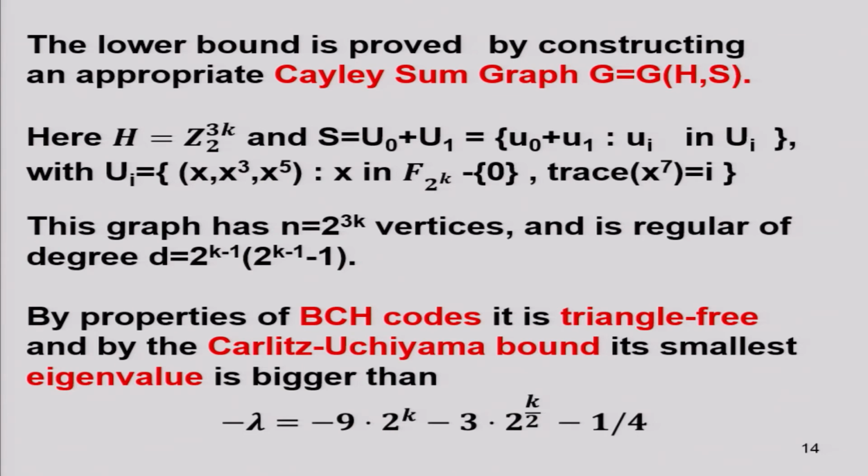And we are specifically interested in the smallest eigenvalue, namely the most negative eigenvalue. The trace here is 0, so the sum of eigenvalues is 0, so the smallest is negative. And the question is how negative it is. It's not very negative. In absolute value, it's not more than 9 times 2 to the k or so, and 2 to the k is about n to the 1/3. So this graph has some nice bounds on the eigenvalues.